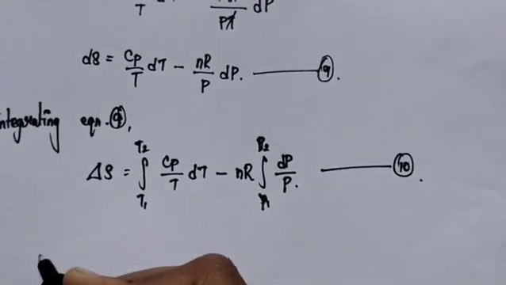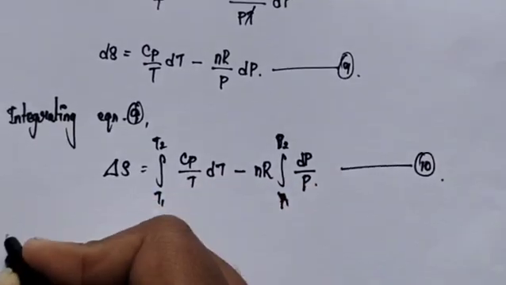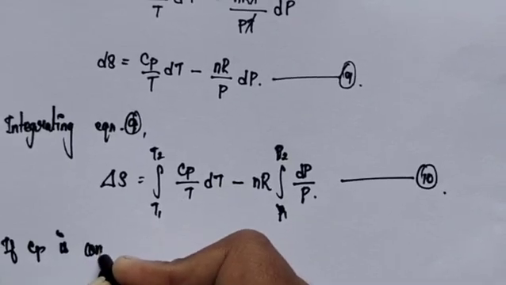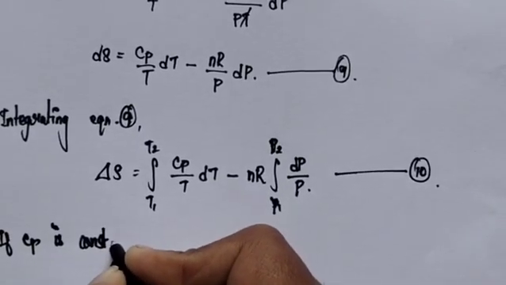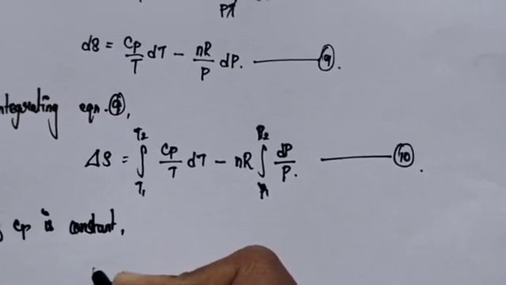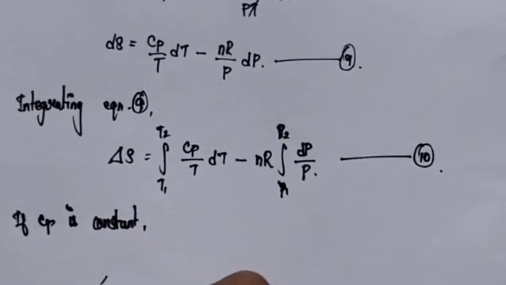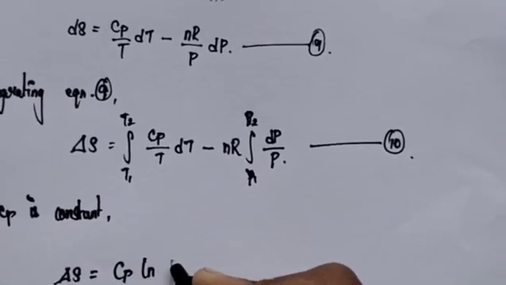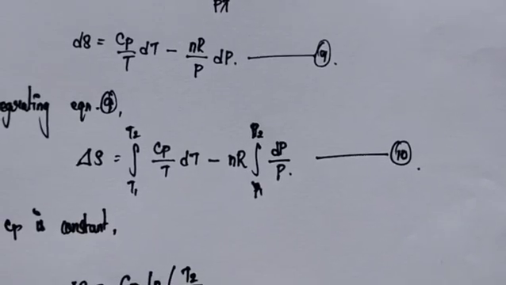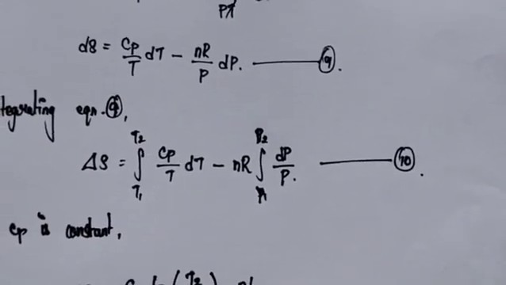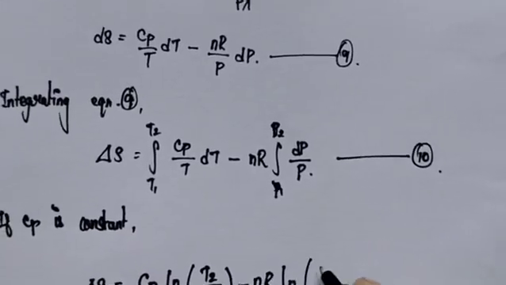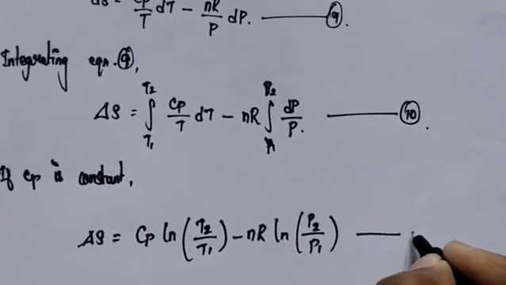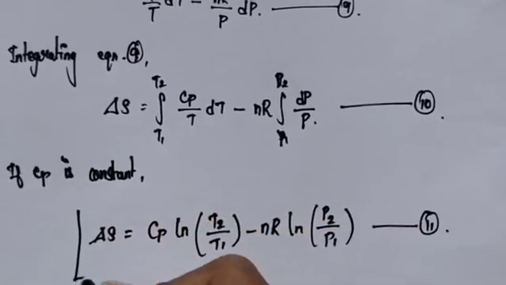While further integrating this, if Cp is constant, we are taking it out. So further integrating equation 10, we get delta S is equal to Cp ln T2 upon T1 minus nR ln P2 upon P1. Take this as equation number 11, and this is the final equation.